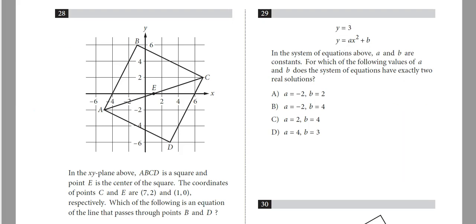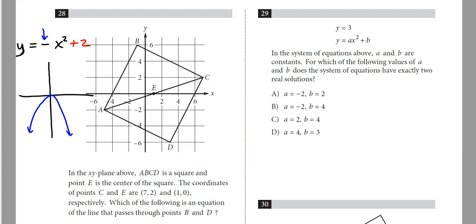Now, I need to understand that for the parent version, when you put a negative number in front, so y equals -x squared, that flips it over so the parabola opens down instead of up. That's the effect of putting a negative number in front of the x squared. And if I want to combine things, how about we move it up 2?